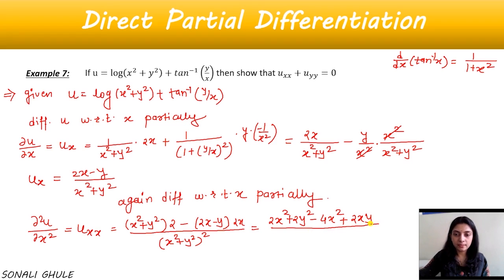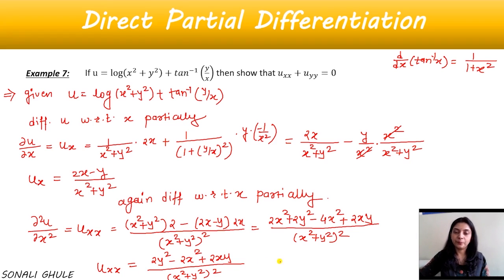Opening all the brackets and simplifying the term, here your term for uxx will be 2x square minus 4x square, which means it is 2y square minus 2x square plus 2xy upon x square plus y square whole square. Okay. So say this is our equation 1.